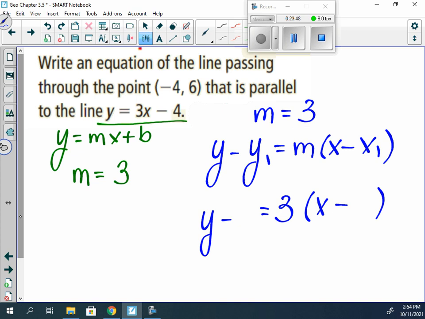For either parallel or perpendicular, we just need the slope. We don't really worry about the rest of it. Once we get the slope, we're done with this equation here. Now the only thing left is plugging the point in. And our point is negative 4, 6. So the y value is 6, and the x value is negative 4. And we plug it in.